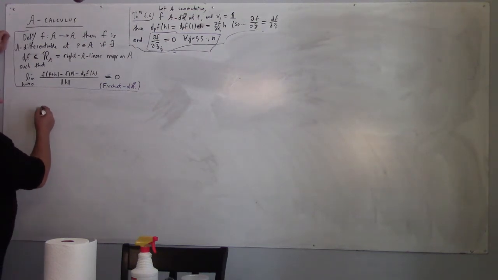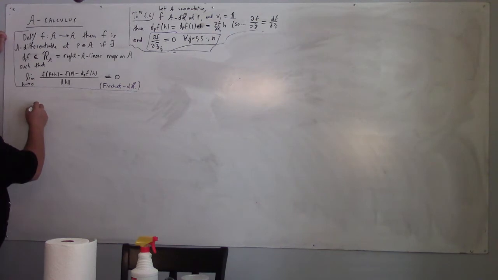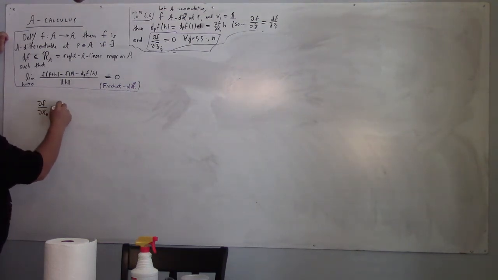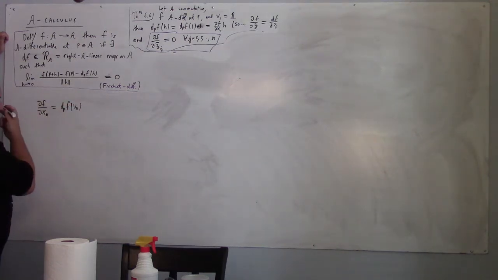Just replacing bk with lambda? Let's see, so you're saying partial f partial xk is equal to dpf bk. Right. And this is saying there exists a lambda in the algebra for which dpf v is equal to lambda star v.